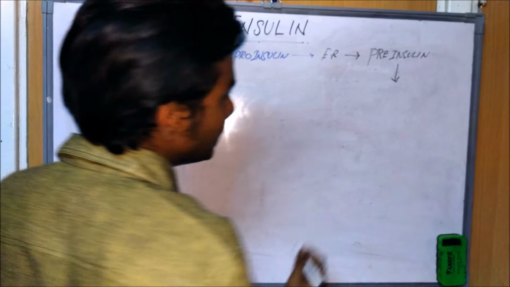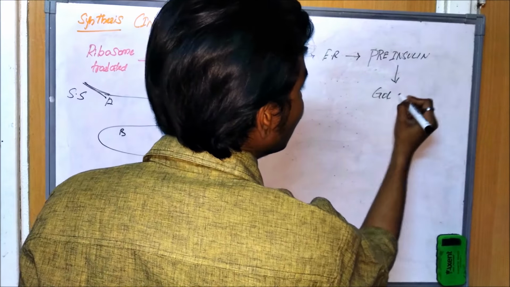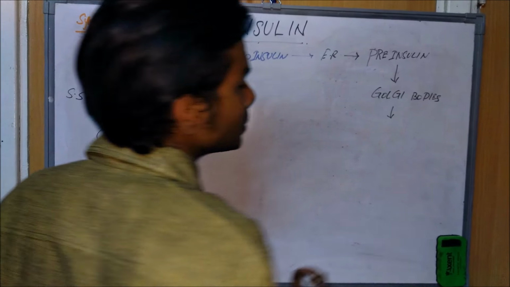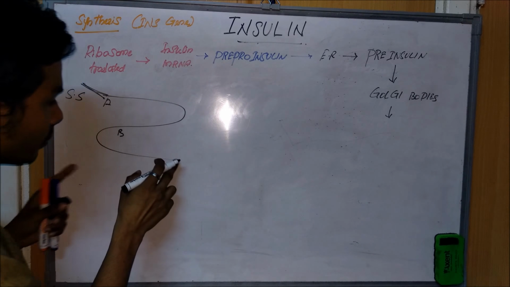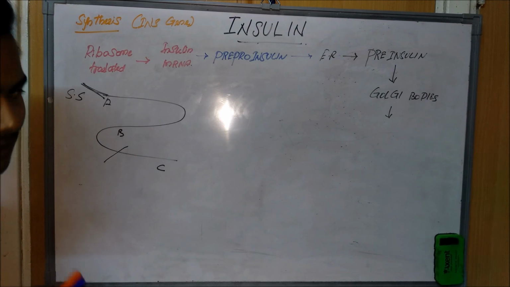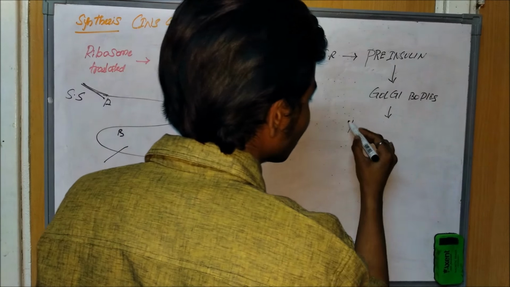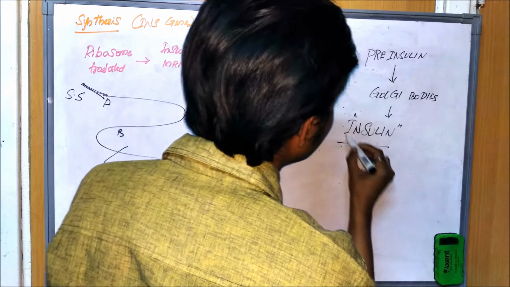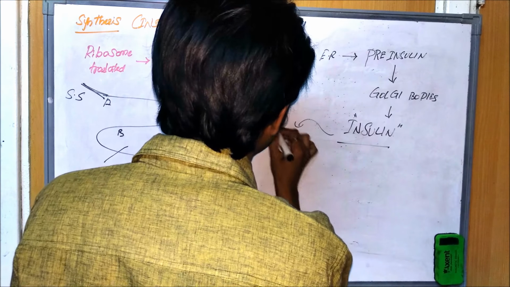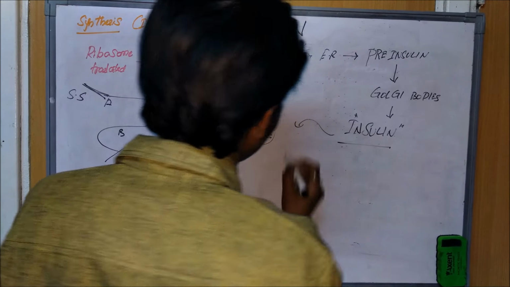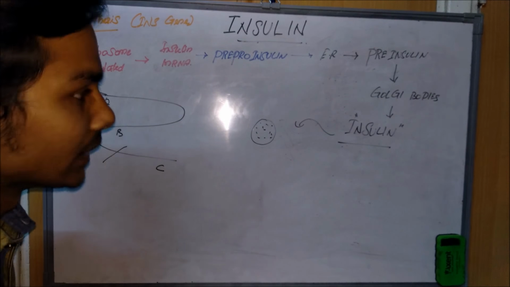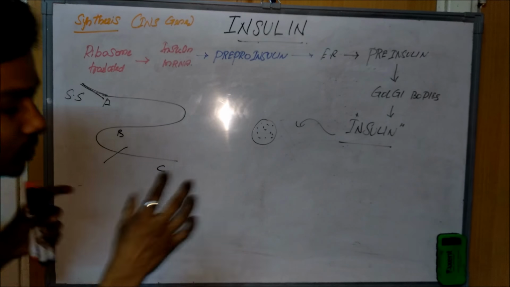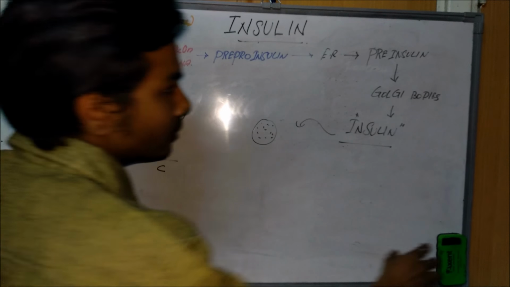After that, it enters the Golgi bodies, where the C peptide, or C chain, is cleaved off, producing insulin. This insulin is stored in small vesicles in the beta cells of the pancreas.